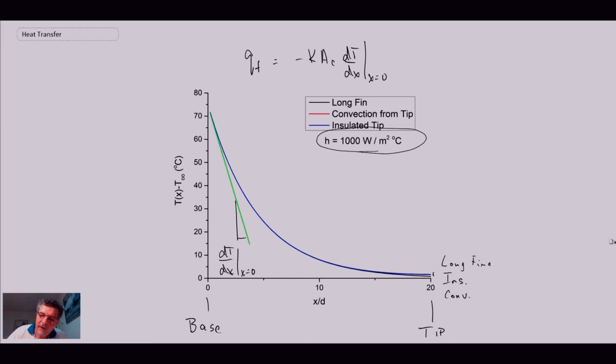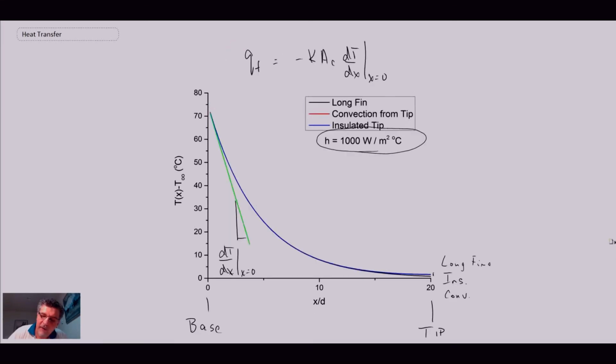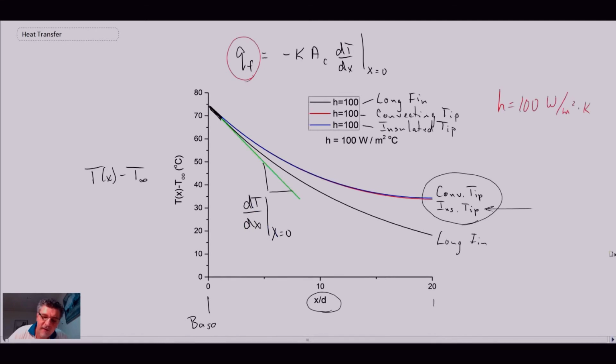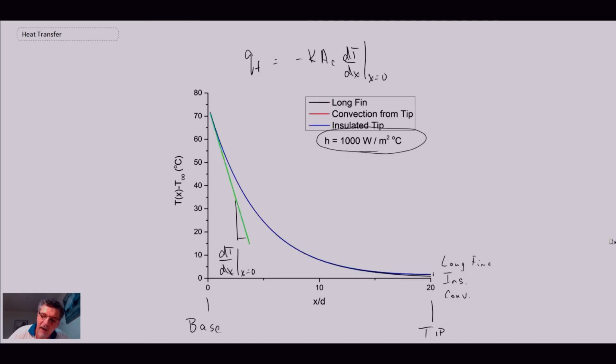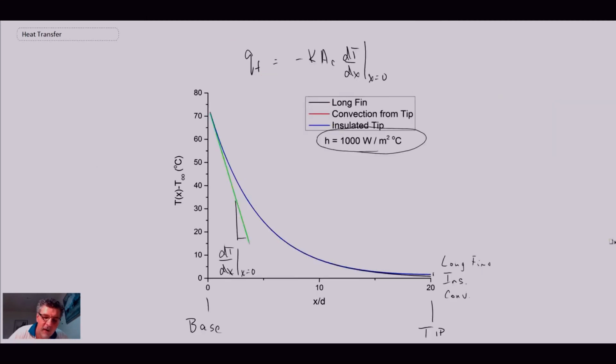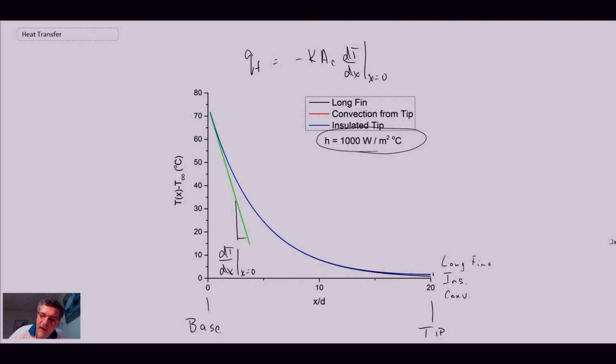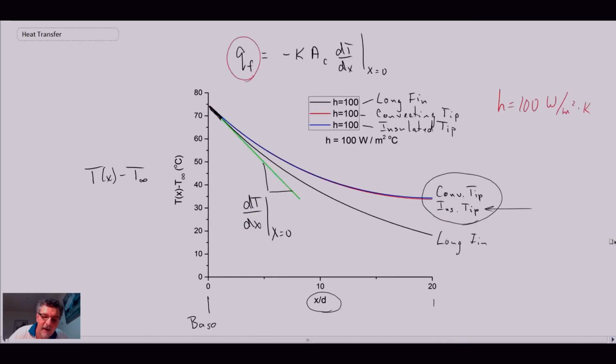Okay, so looking at the two different solutions, comparing them, first of all, we notice that our slope is changing significantly. And so with the higher convective environment at 1,000, we would assume that there would be more heat drawn away. And certainly there is, because the slope is greater, and consequently through Fourier's law, we would have increased heat transfer. The other one is that for the lower convective environment, the convecting tip and the insulated tip are really quite similar.